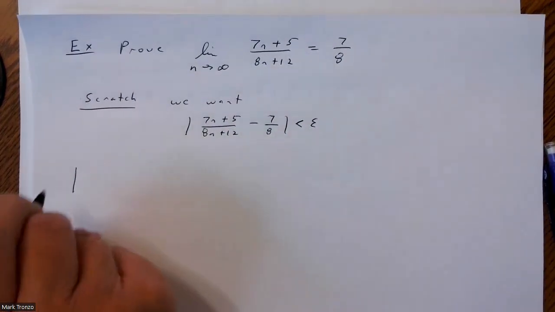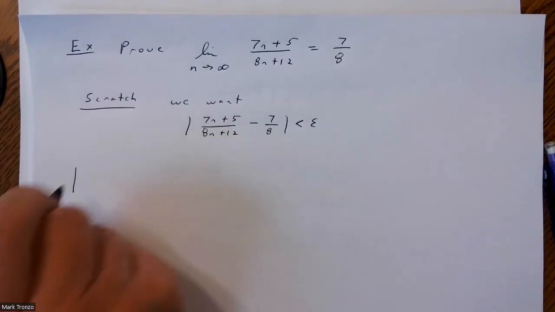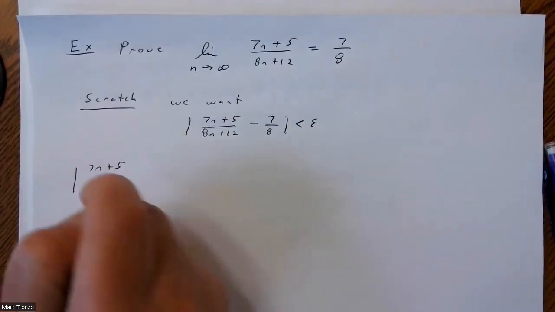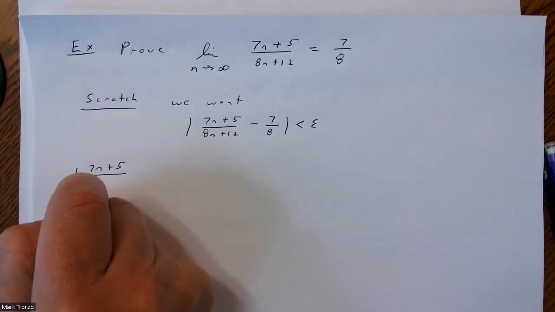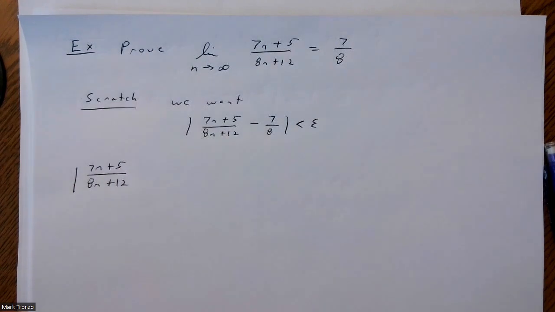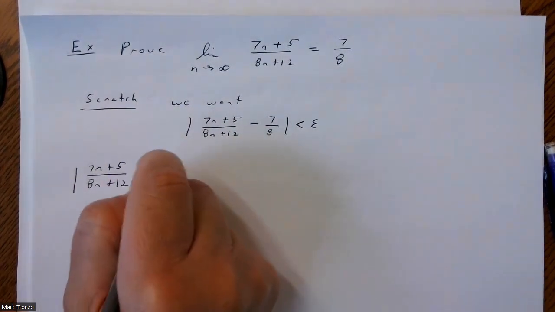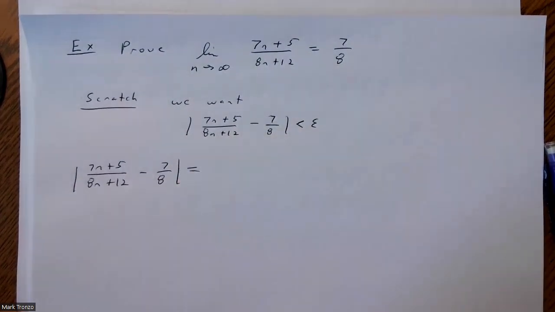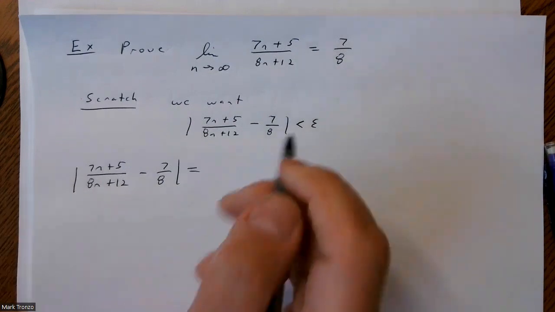So let me start down here. 7n plus 5 over 8n plus 12. And we're probably going to have to make a common denominator. So let's put these two together.